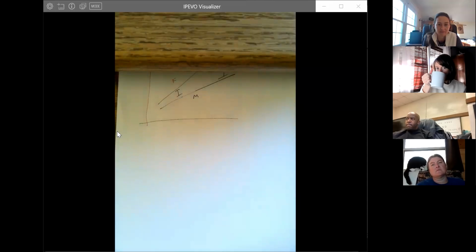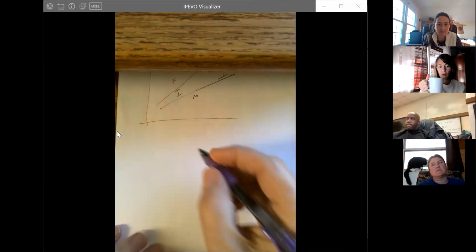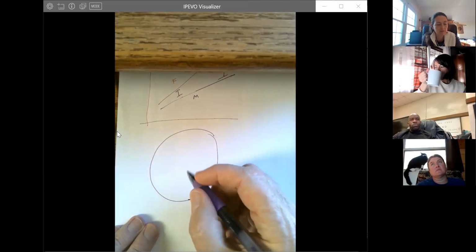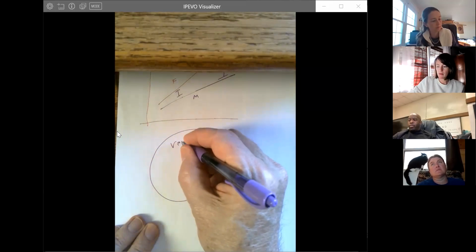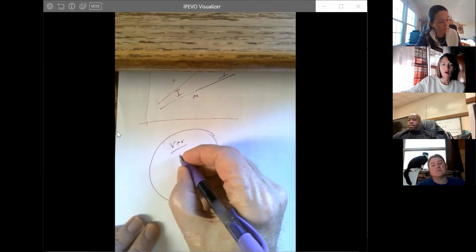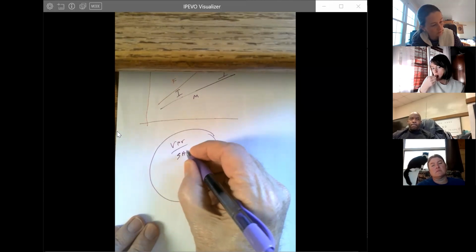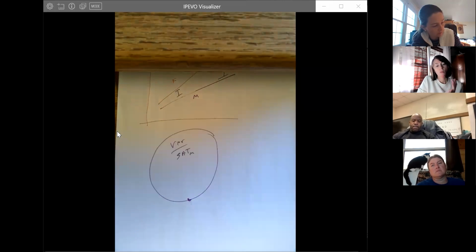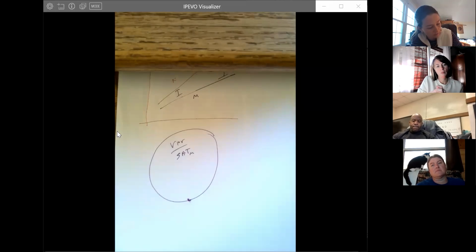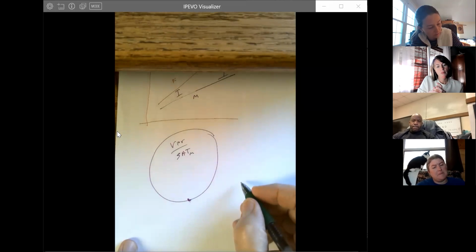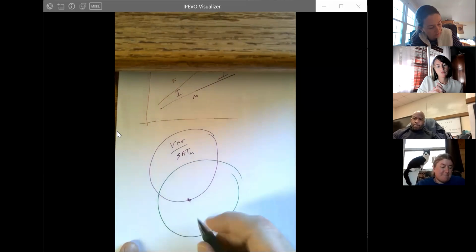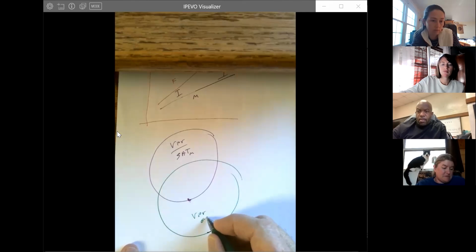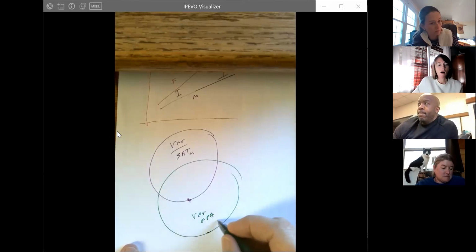Let's say this circle represents the variance on SAT math, and this circle represents the variance on GPA first year.